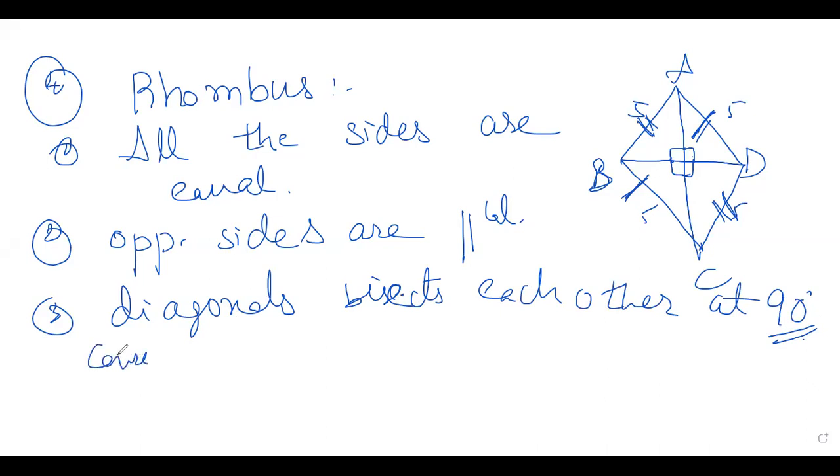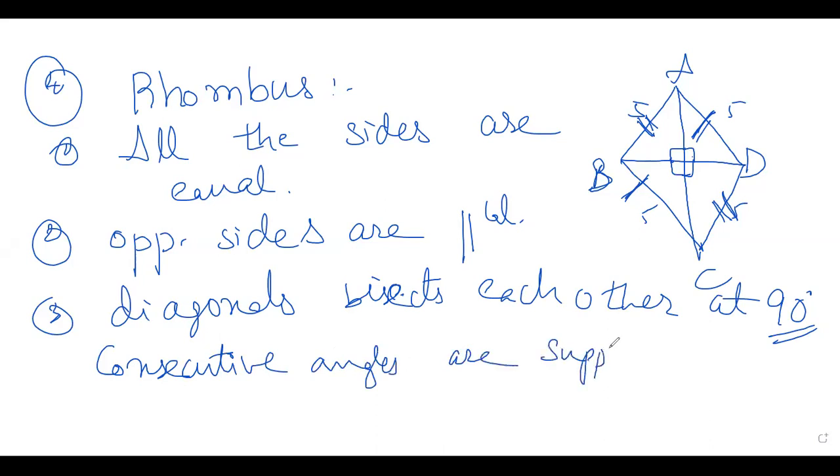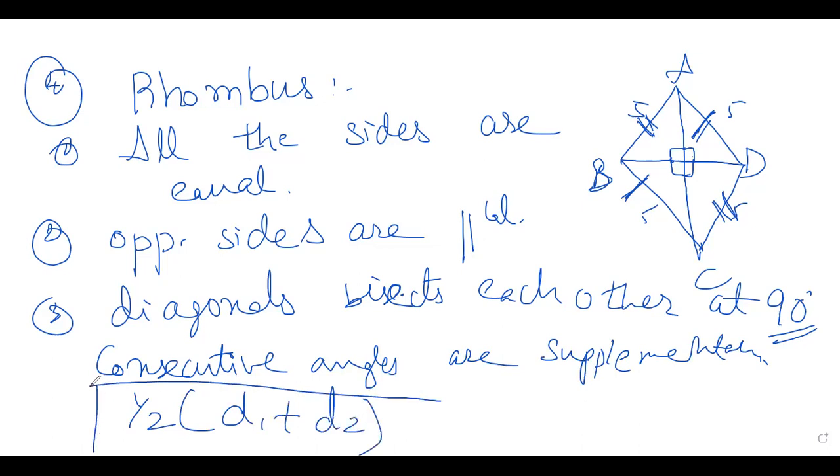And consecutive angles are supplementary. Supplementary means 180 degrees. Okay, and what is the formula to find the area? That is half into D1 into D2. This is the formula to find the area of a rhombus.